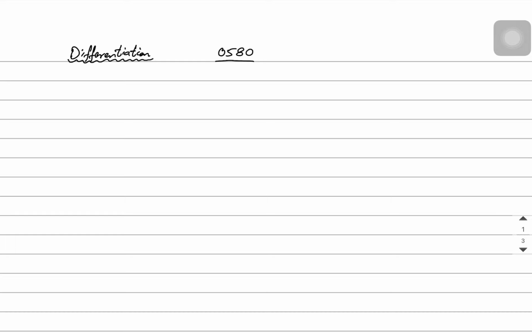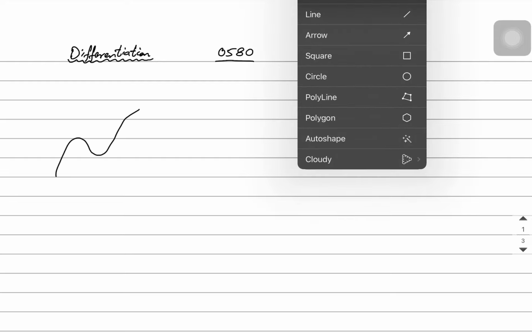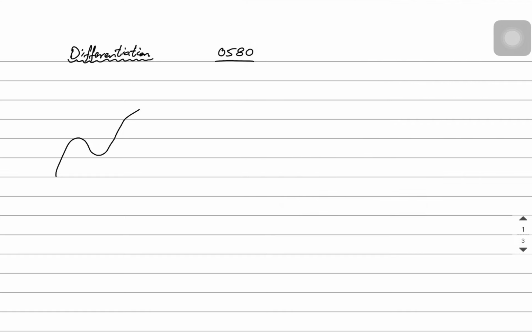Okay, so let's say we have a graph and I want to calculate the gradient at any point. So let's say this is some point x1 y1 or any point xy.